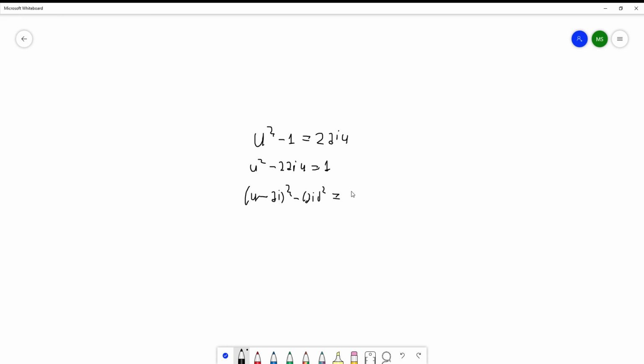And that's going to be equal to 1. Now, we'll leave this as it is, so that's u minus ai squared. Now, a squared times i squared, and i squared is minus 1. And that's 1.